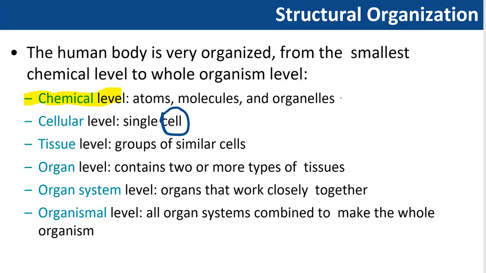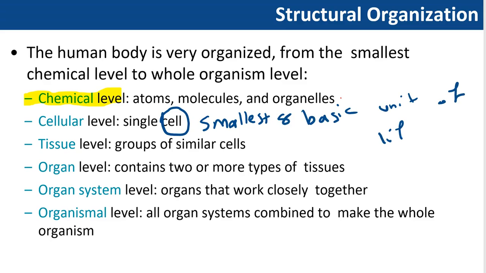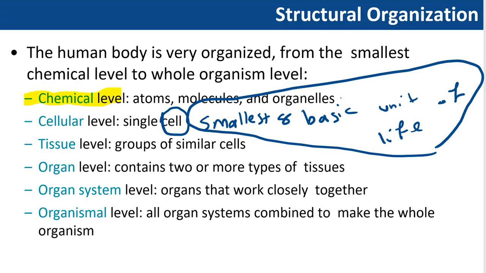So cell is the smallest and basic unit of life. So in the questions, if you have "what is the smallest and basic unit of life?", you should answer it's the cellular level or the cell.